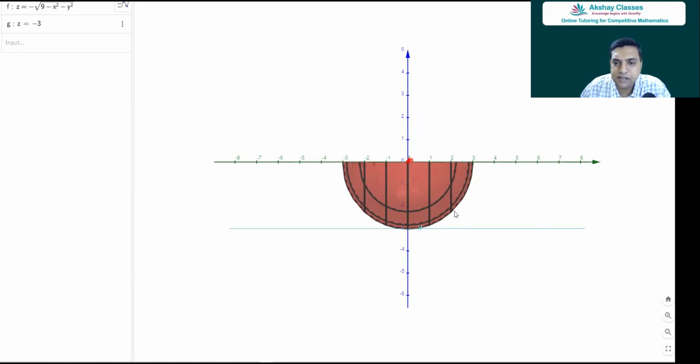So the value of z at that point is -3, and this is the point of minimum.